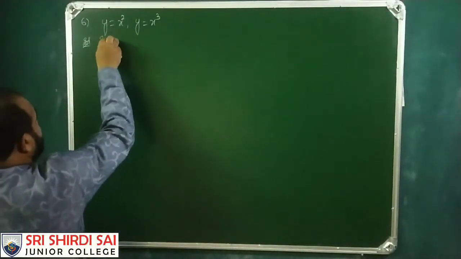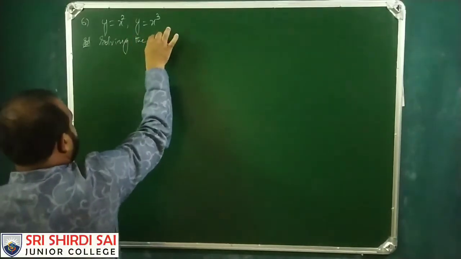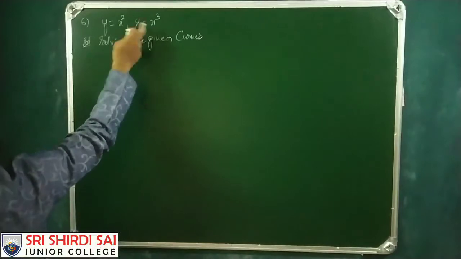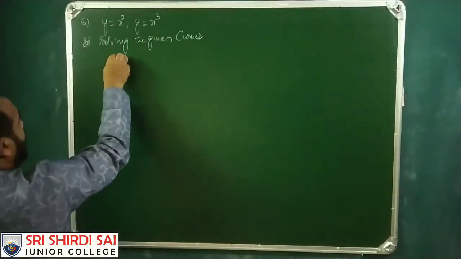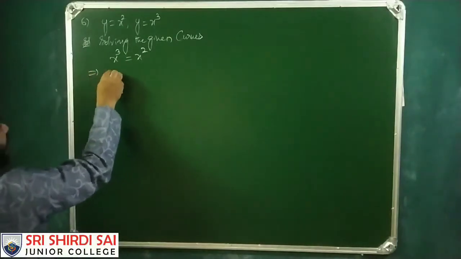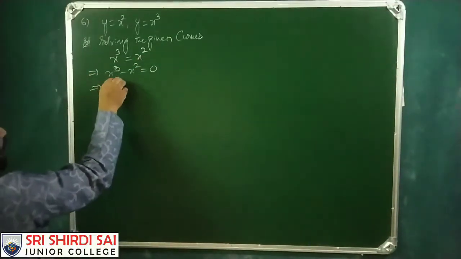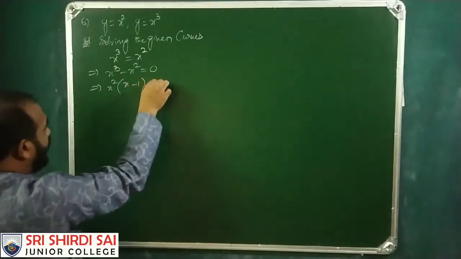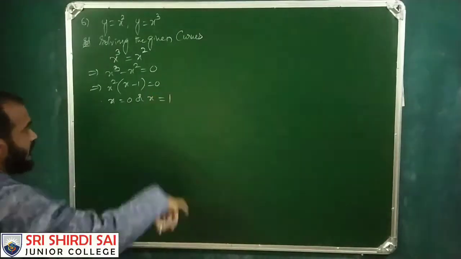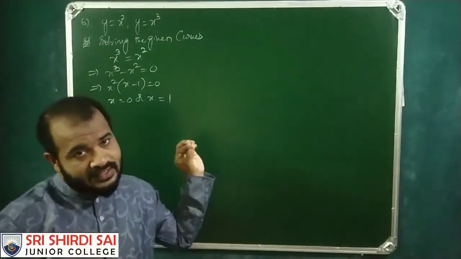Solving the given curves, since both are y, therefore x cube equals x square. x cube minus x square equals 0. x square, if you take common, x minus 1 equals 0. Therefore x equals 0 or x equals 1. Therefore these two curves are intersecting at 0 and 1.